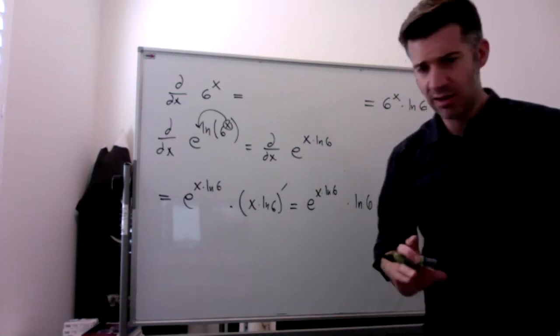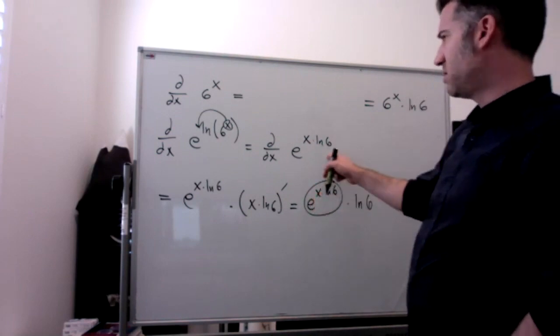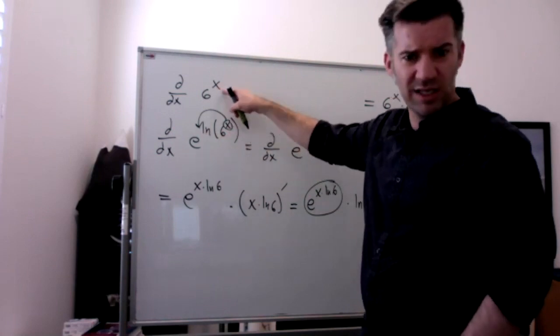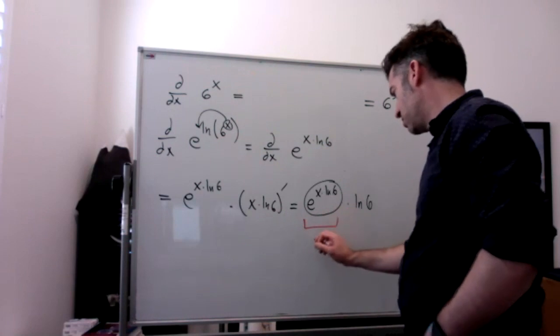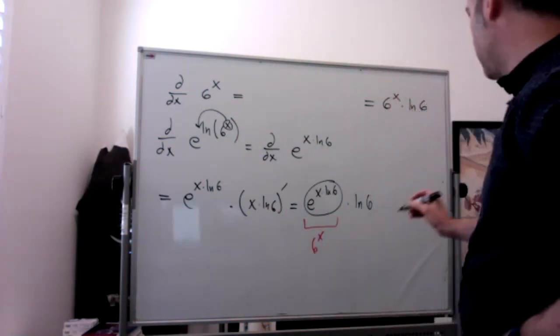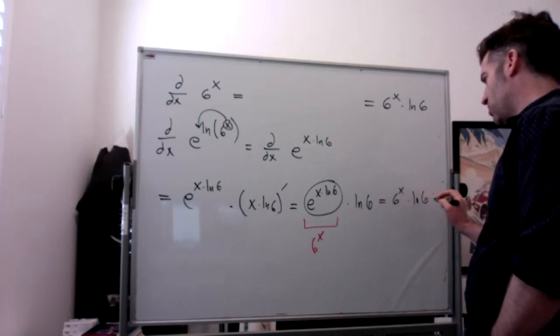But wait, e to the x times natural log of 6 is the same as e to the natural log of 6 to the x, which is the same as just 6 to the x. So then, oh yeah, this is in fact equal to 6 to the x times the natural log of 6.